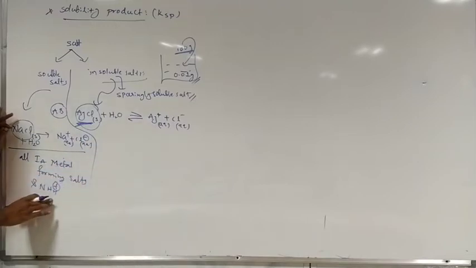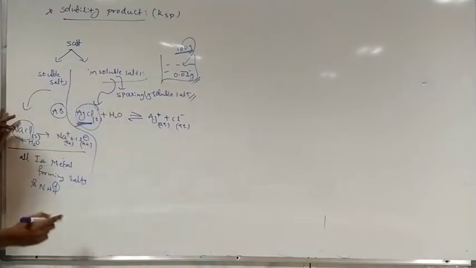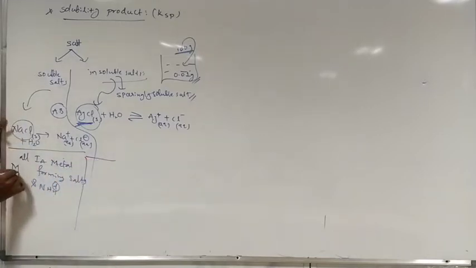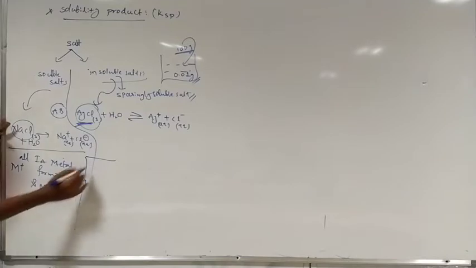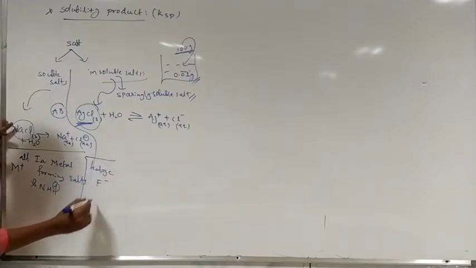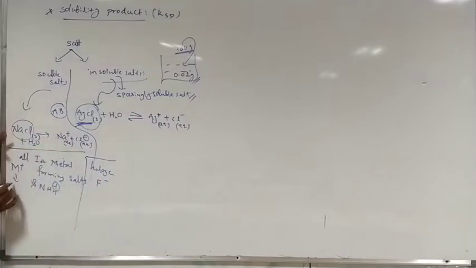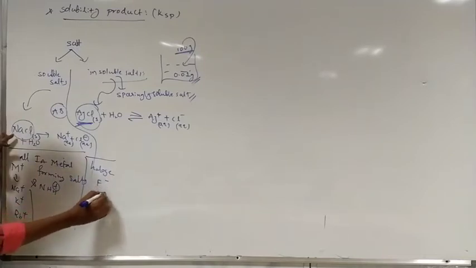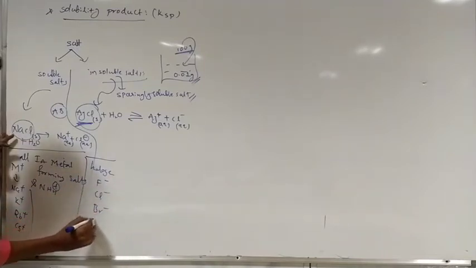The metal is M+, and the halogen is F-. The metal can be Na+, K+, Rb+, Cs+, and the halogen is Cl-, Br-, I-, and so on.